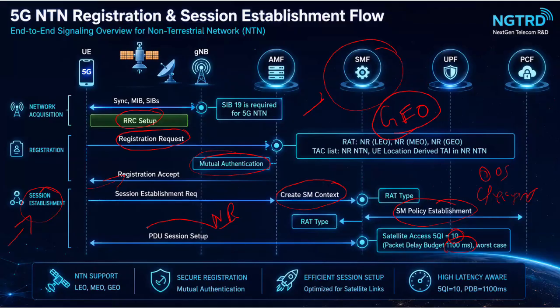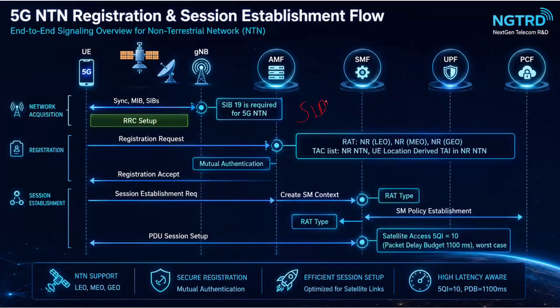The key takeaway is that 5G NTN preserves the same fundamentals of 5G, including registration and session establishment. Also, it has compatibility with the existing 5G architecture. But it introduces NTN-specific enhancements like SIB 19, tracking area, and latency-updated QoS, to address the unique challenges of satellite communication.